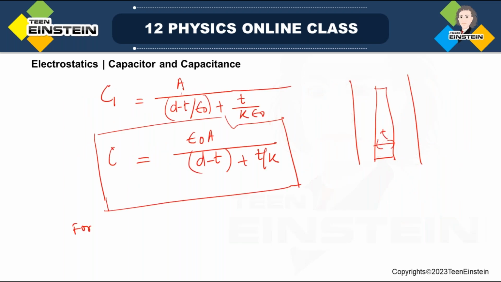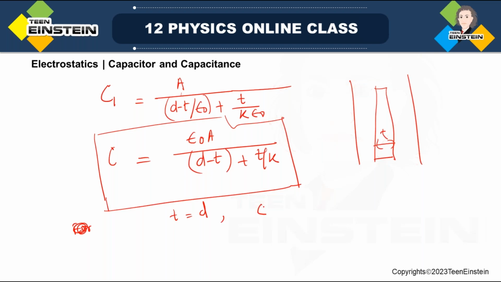In the previous equation, if T becomes D, then what will happen?